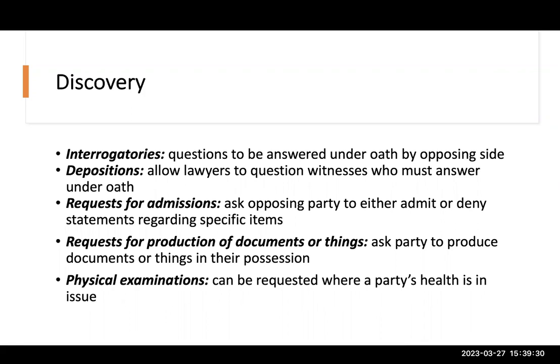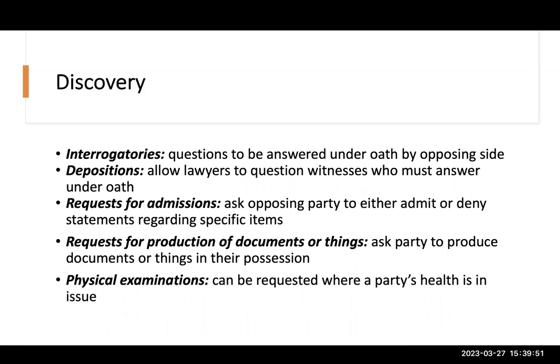The interrogatory may ask the plaintiff to set forth and describe all correspondence that refers to the subject matter of the lawsuit. So again, they're very useful, particularly in asking for detailed information.